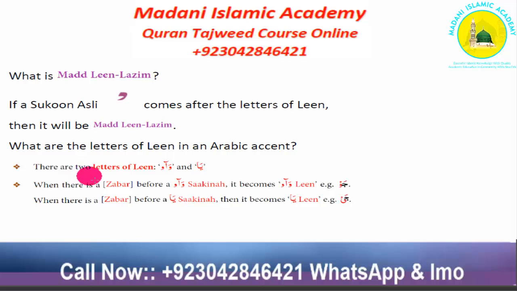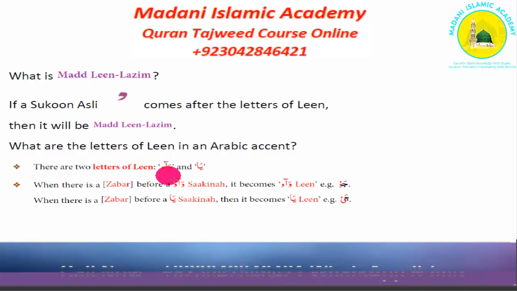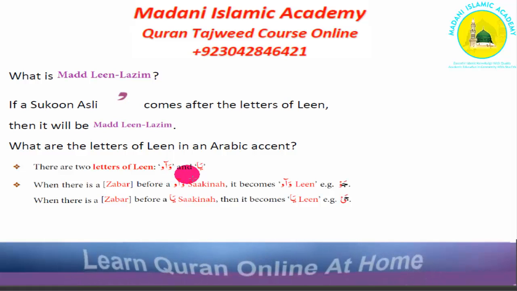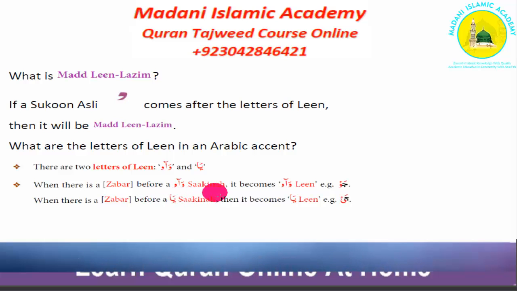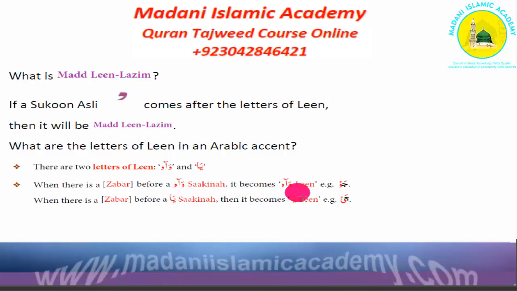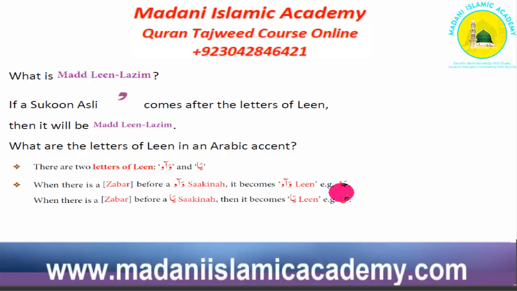There are two letters of leen in an Arabic accent. First is waw leen and second is ya leen. What is waw leen? When there is a zabar before waw sakin, it becomes waw leen.